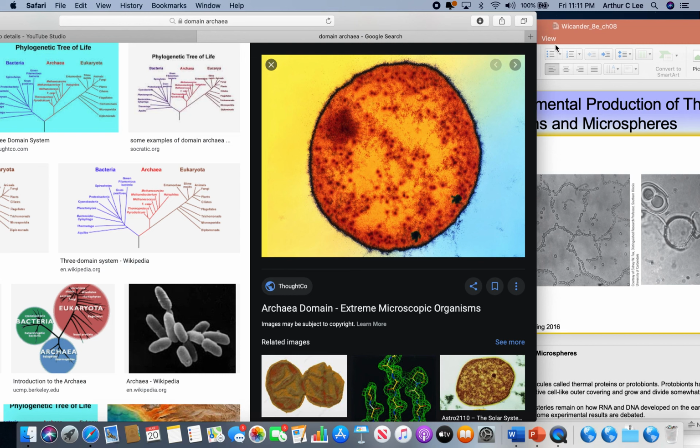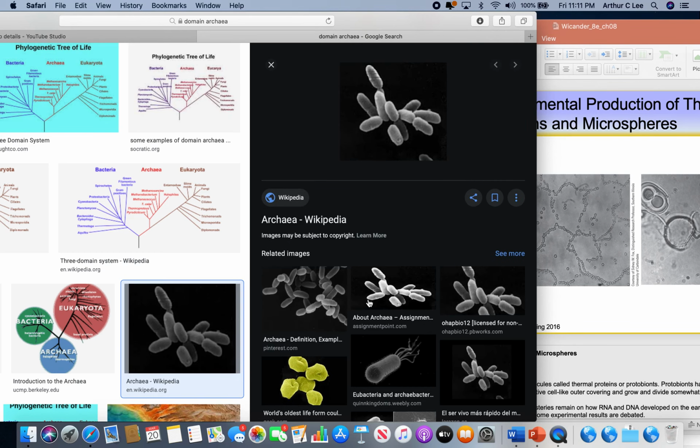And the second thing they use to support their argument is that when we look at domain Archaea more carefully, we find these creatures are extremely diverse. They might not look too diverse to you. They might look all the same to you here, but if you look at them carefully, they're very diverse. For example, if you go to those hot water pools in Yellowstone, they're filled with these creatures.